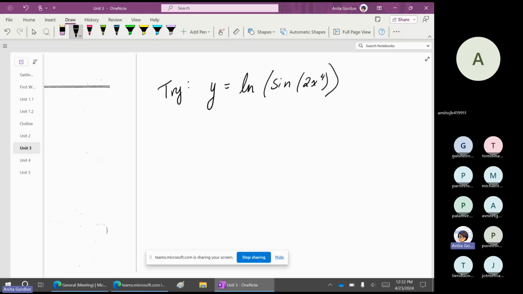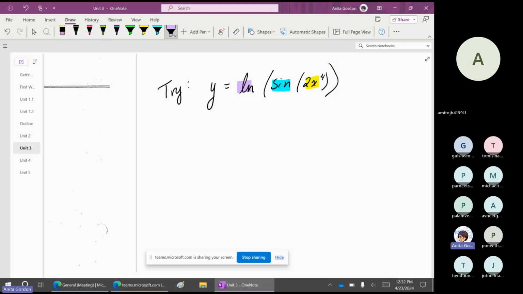Oh, great question. Do we start on the inside or the outside? Which rules do we need? It's a triple sub. Triple sub. We have inside, middle, outside. This is a triple chain. We have a log, a trig, and a power. If anyone is going to do the product rule, I will smack you right now. There is no product rule.